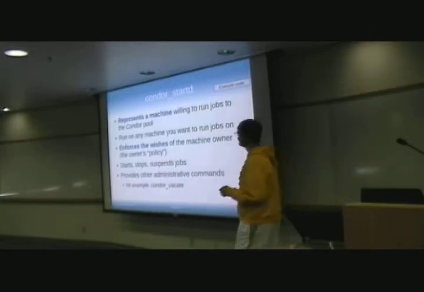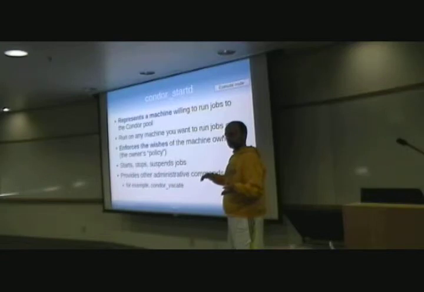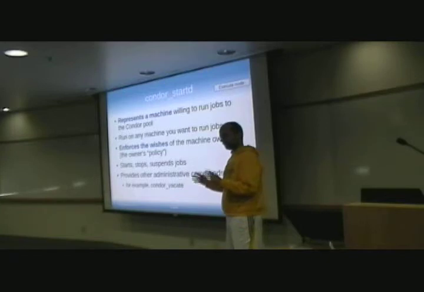So let's see what is on the execute node. Like we had the schedd on the submit node, the startd is what owns an execute node. It essentially represents a machine that is willing to run a job in the Condor pool, and enforces its wishes. So when the startd sends a classad that says, I require X, if for whatever reason a schedd comes to it and says there is a job and that requirement is not met, it will turn it away.